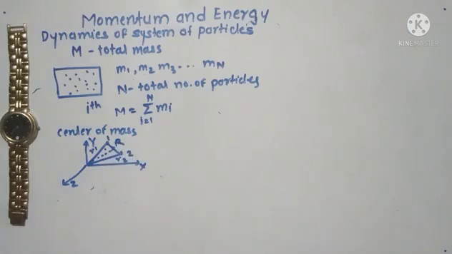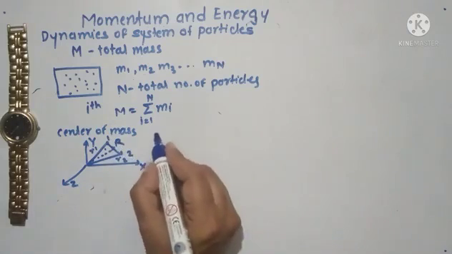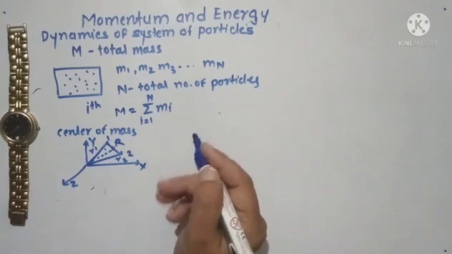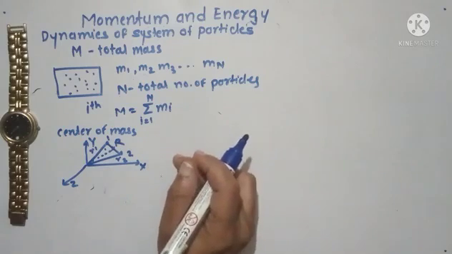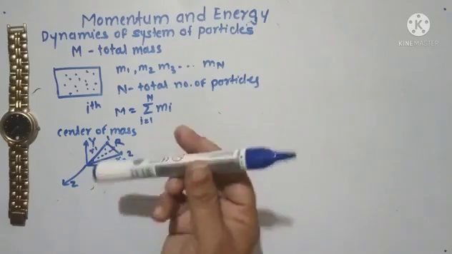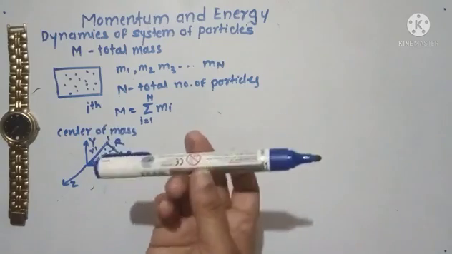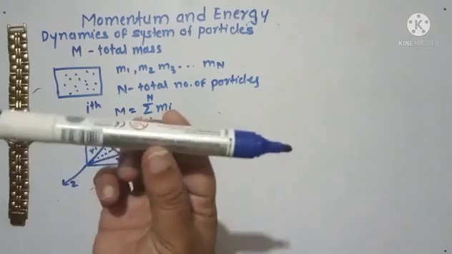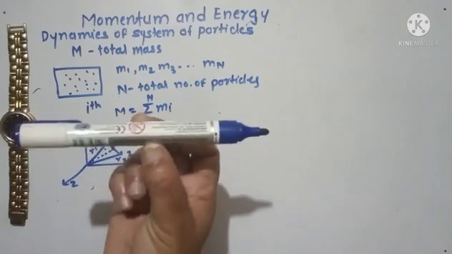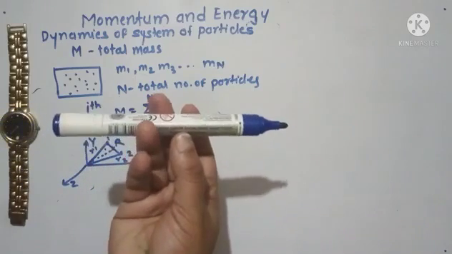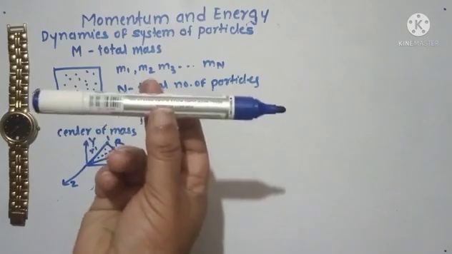The center of mass is defined as the point where the whole mass of the body is supposed to be concentrated. If you take any body, there is some point in this body at which, if I hold it, it will remain steady.